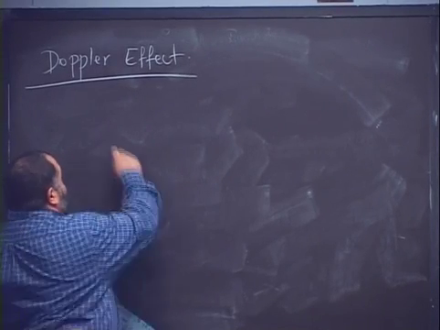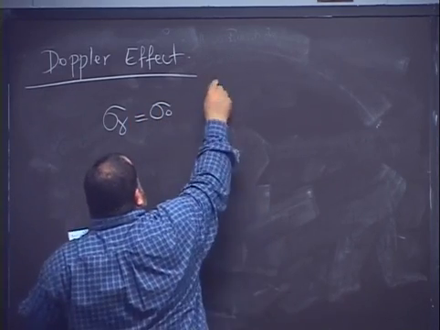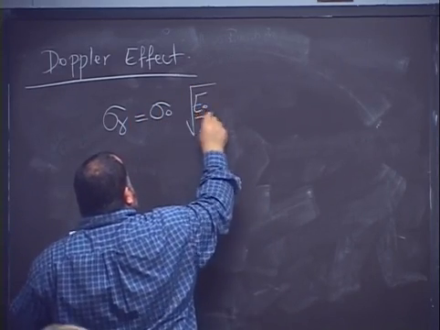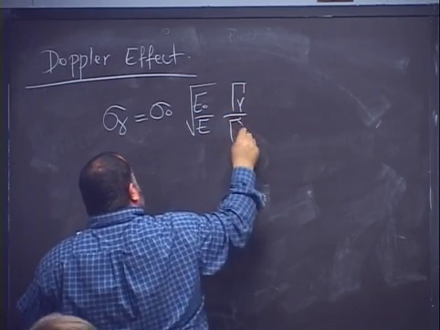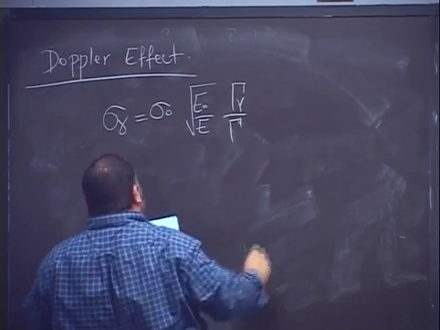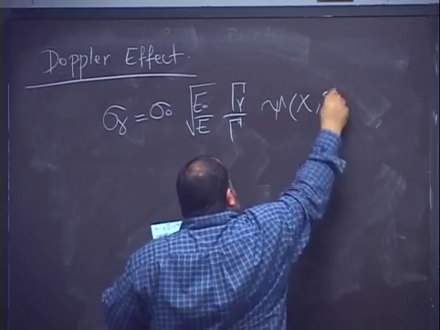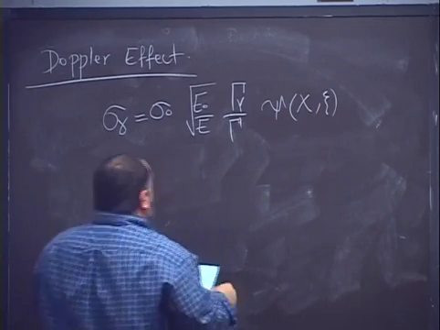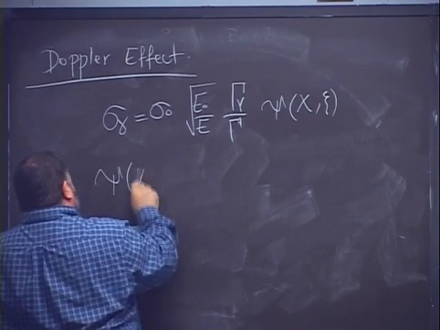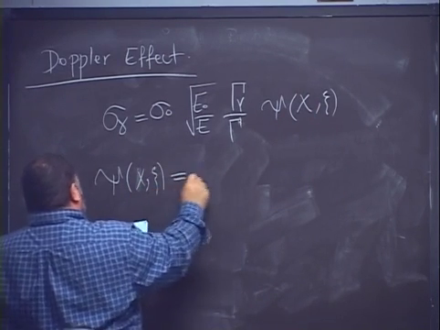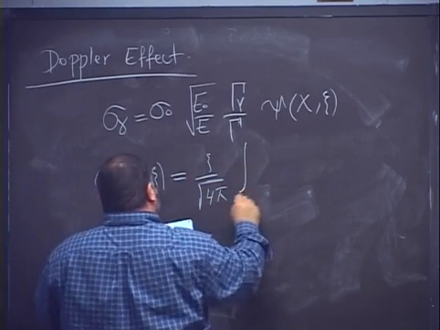We knew that sigma gamma is just sigma naught multiplied by E naught over E, times gamma_gamma over gamma, times psi, and you knew that the function psi is given by this formula.